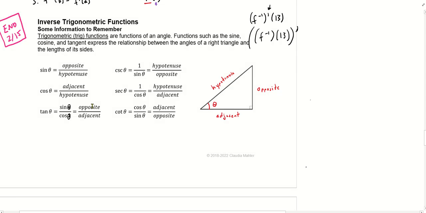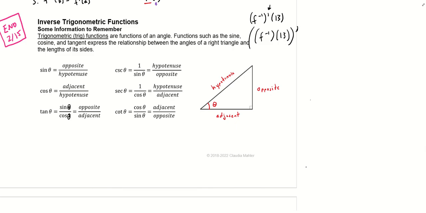We remembered that a trig function relates an angle to a ratio of side lengths. So we have some angle theta, and depending on the trig function we're using, we can relate theta to the ratio of the opposite over the hypotenuse or the adjacent over the hypotenuse or various other relationships.